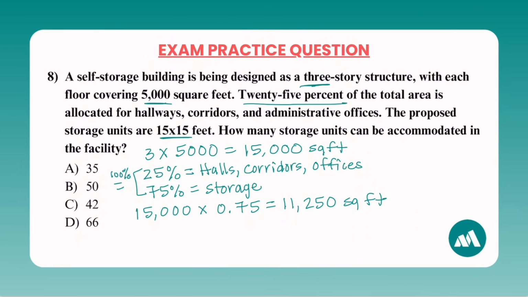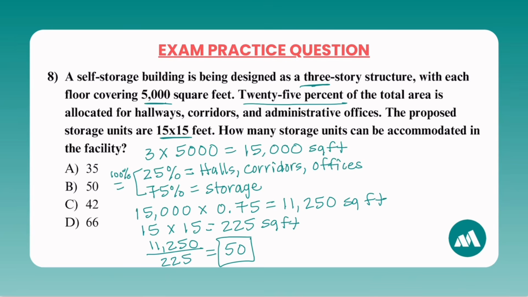So 15 times 15 equals 225 square feet. So if I just take 11,250 square feet and divide it by 225 square feet, that means that I could fit a total of 50 boxes. So the answer here is B.